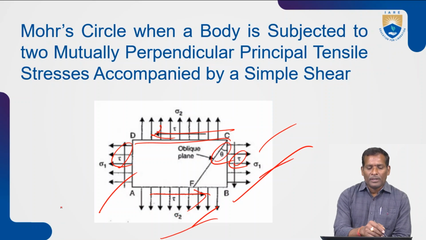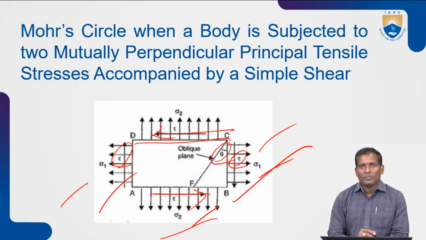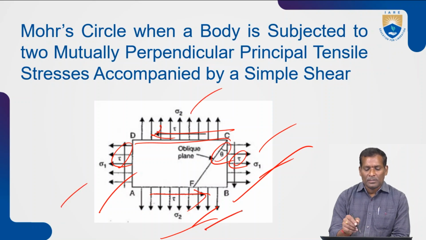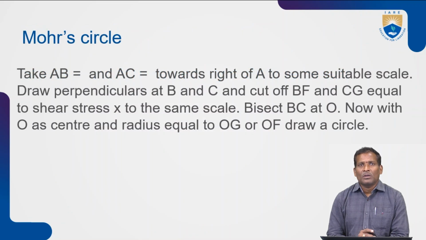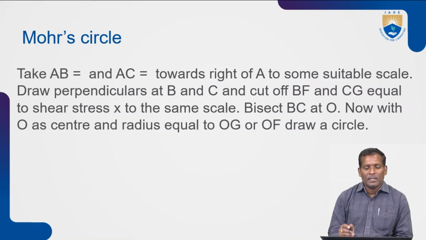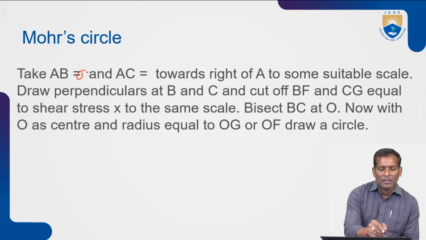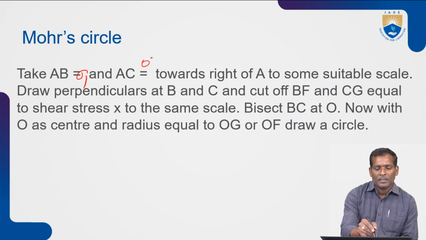So the sigma 1 and sigma 2, the normal stresses, principal stresses are acting. So now for this rectangular body, how to construct the Mohr circle? So take AB as sigma 1 and AC as sigma 2.